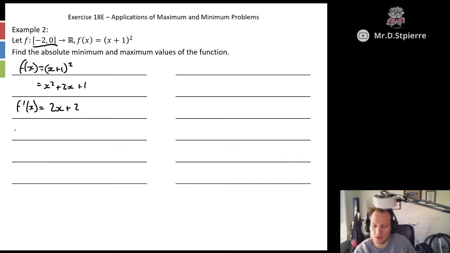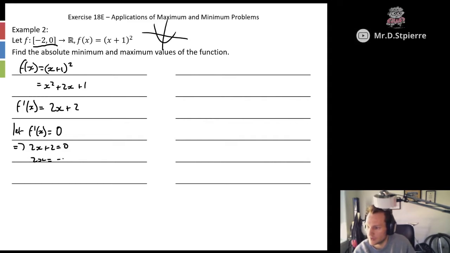We want to find where the turning point is. We know this is a positive quadratic of some sort, so let f dash of x equal to 0. So we get 2x plus 2 is equal to 0, 2x is equal to -2, x is equal to -1.